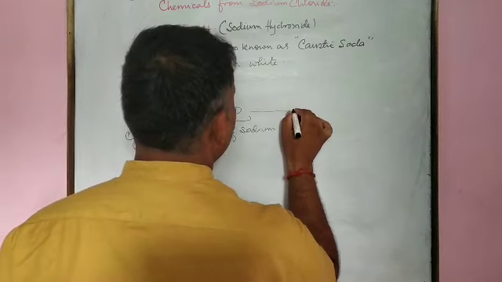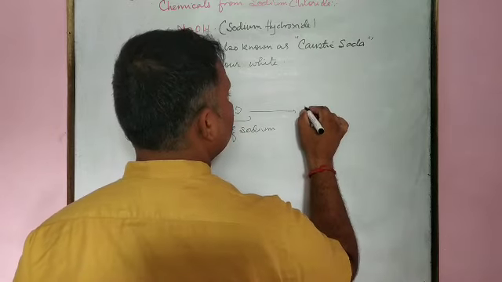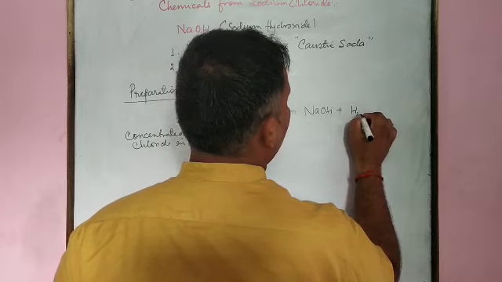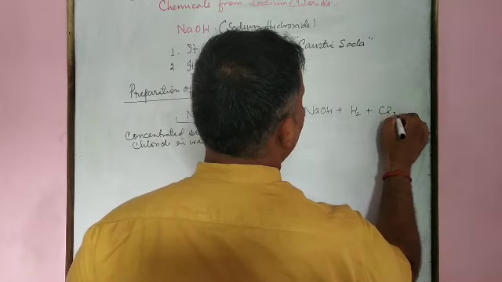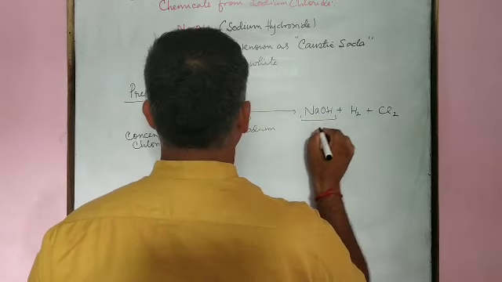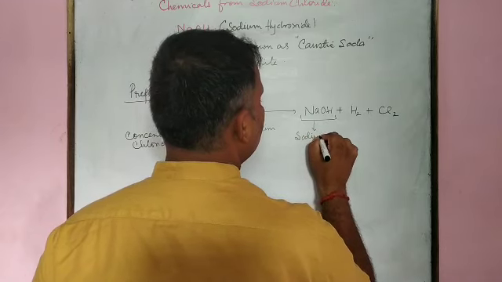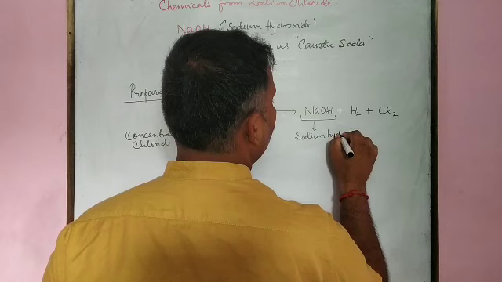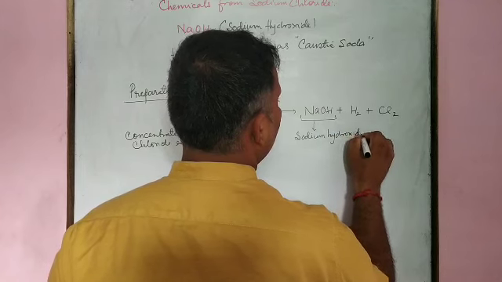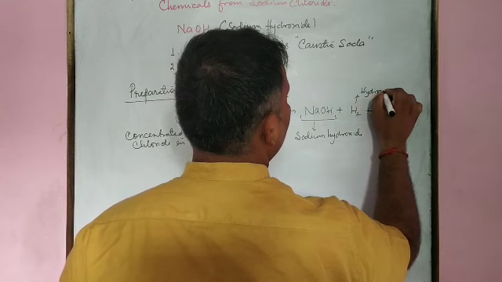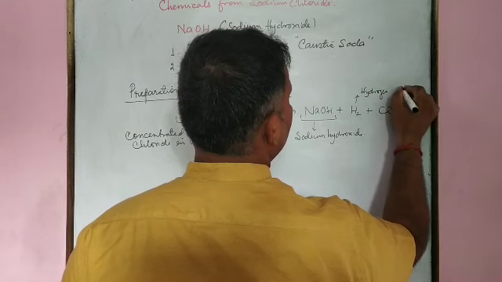On electrolysis, it produces NaOH plus H2 plus Cl2. NaOH is sodium hydroxide, this one is hydrogen and this one is chlorine.